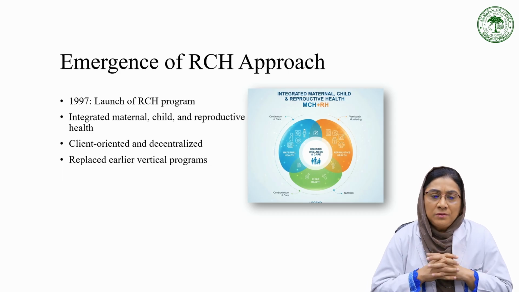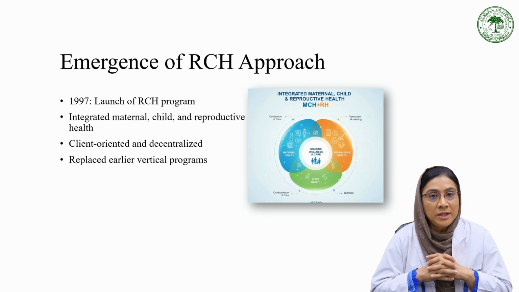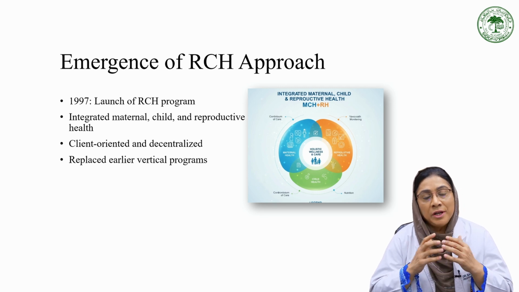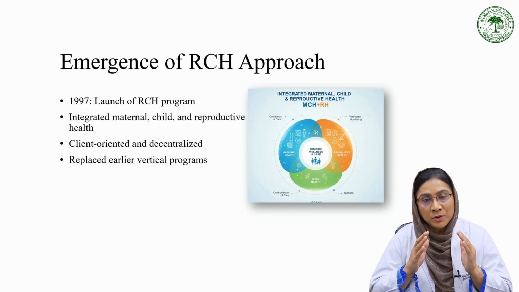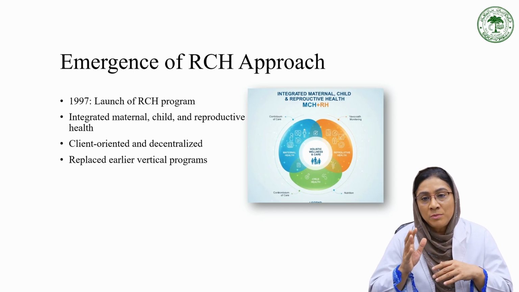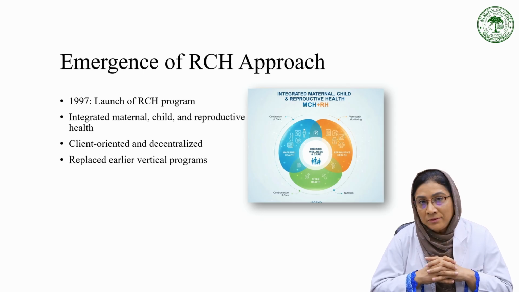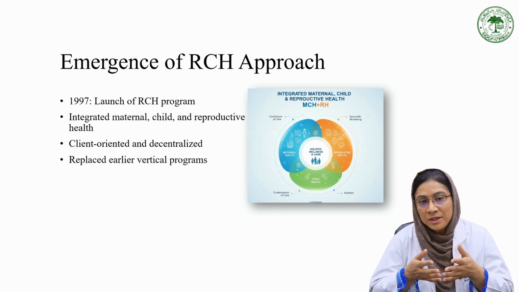The Reproductive and Child Health Program, launched in 1997, represented a paradigm shift. It moved away from fragmented vertical programs towards an integrated, client centered approach. RCH Phase 1 focused on safe motherhood, child survival, and the prevention of reproductive tract infections and sexually transmitted diseases.